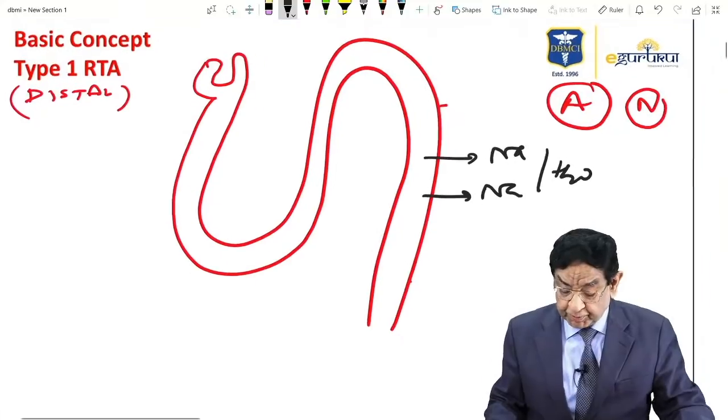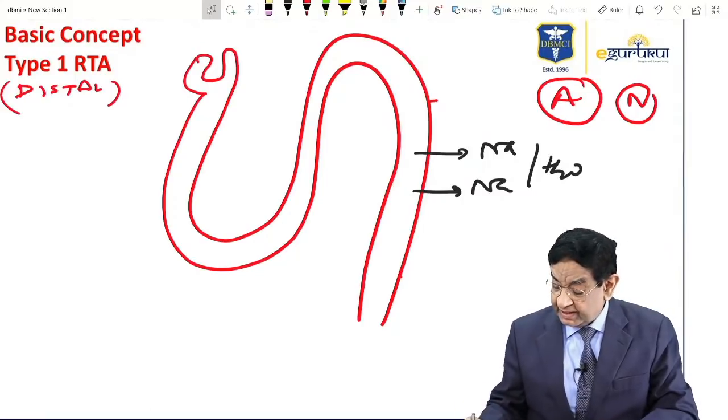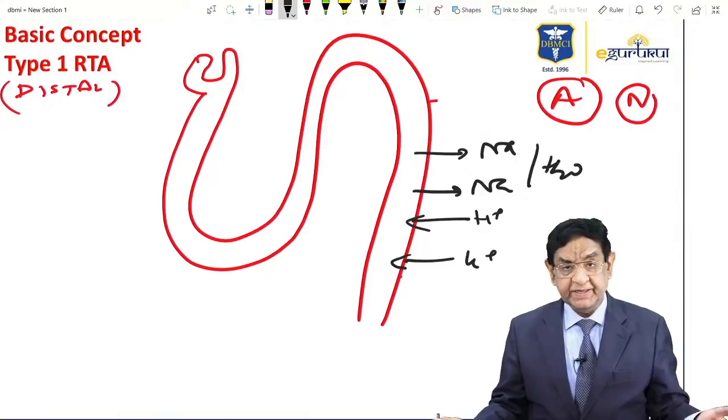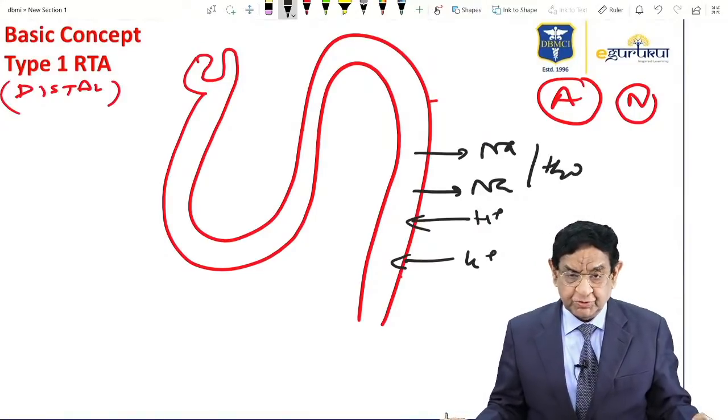It's normal, there's no problem in sodium reabsorption. But the problem is here: ideally one H ion should go out, and ideally one potassium should go out. As per the law of electroneutrality, 2 positive particles absorbed and 2 should go out.